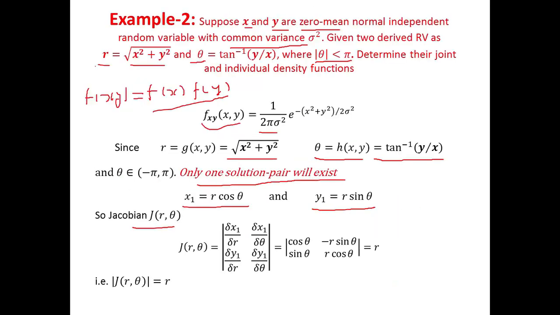So by doing so we get del x1 and del y1 terms. If we consider that x1 equals r cos theta and y1 equals r sin theta, and calculate these partial differentiations, we get the Jacobian as a determinant, and if you solve the determinant it comes out as r. So we can say that the magnitude of J(r, theta) equals r.